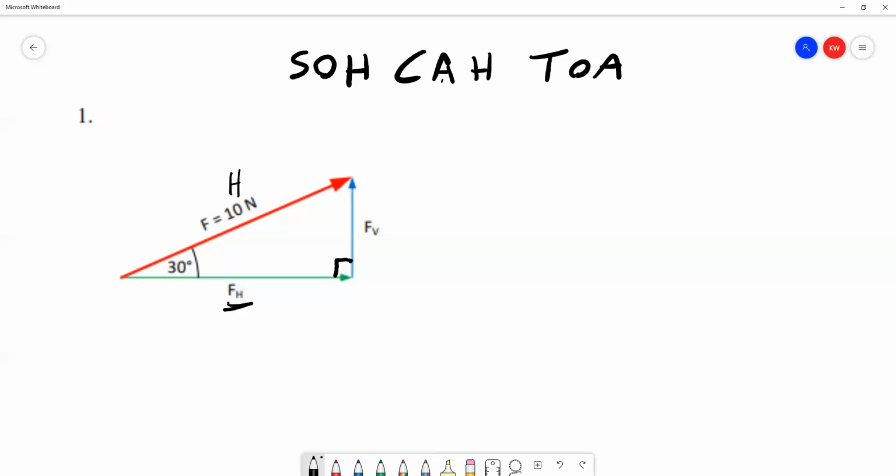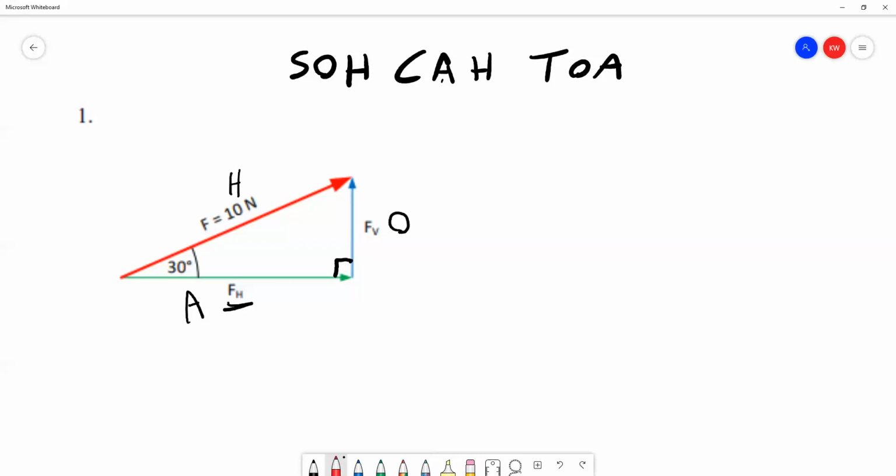Now we're given an angle of 30 degrees, and we determine the other two sides in relation to this angle. The side other than the hypotenuse which is next to our angle is the adjacent, and the side opposite the angle is, appropriately, known as the opposite. We'll have one of these, in this case the hypotenuse, and want to find one of the other two. In the case of FH, FH is the adjacent.